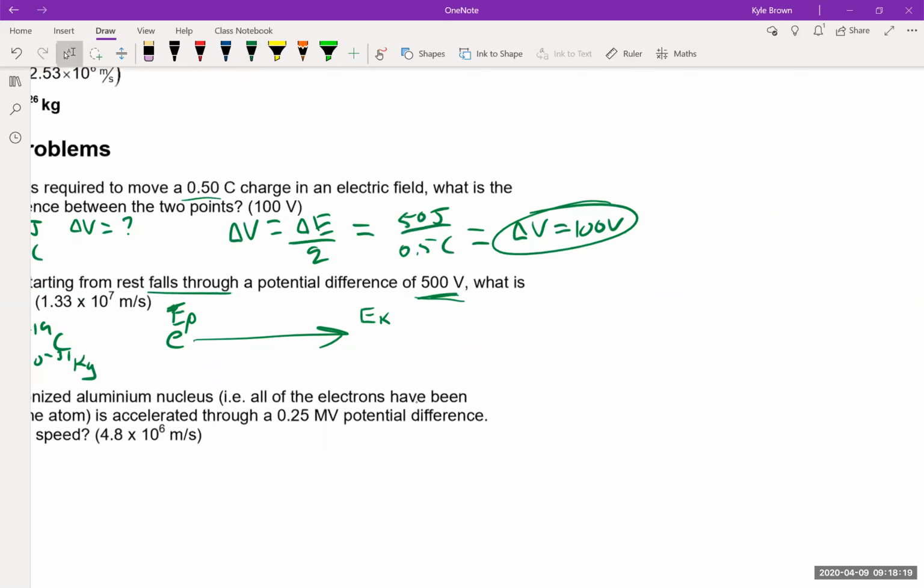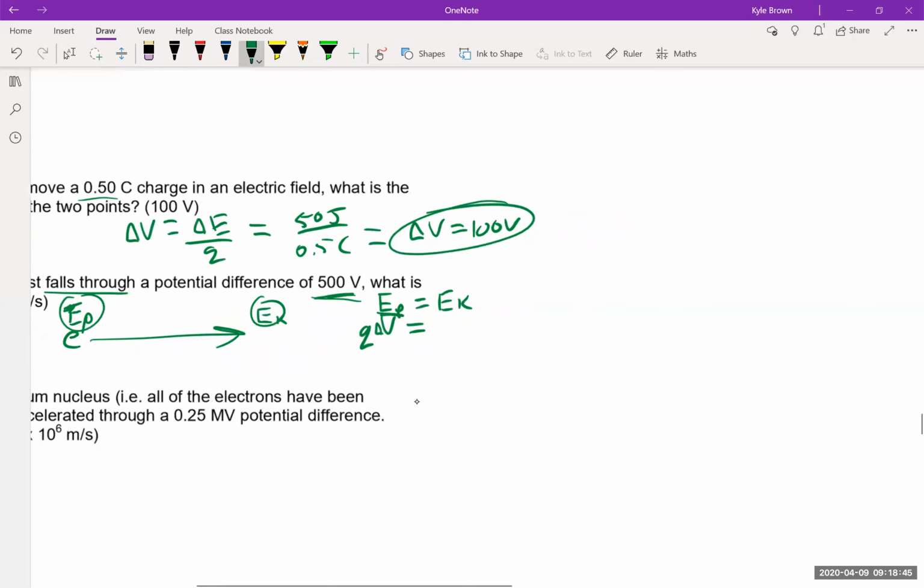So we're going to start by saying EP is equal to EK. All of this EP is going to turn into this EK. But now the EP is the only thing that's changed. We just have a new formula for EP: charge times change in voltage. So I'm just replacing EP with that, and that's equal to EK, which is 1/2 mv squared.